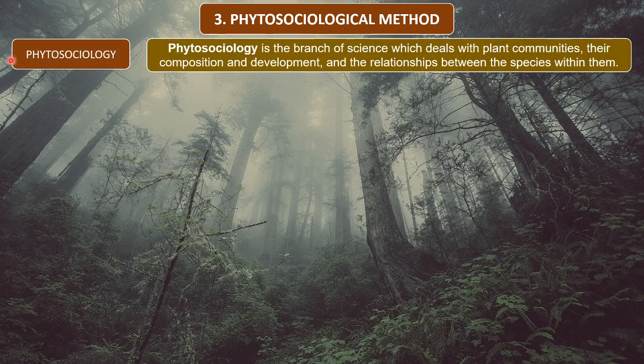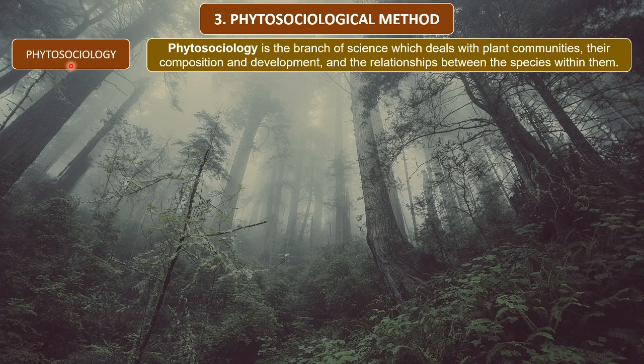For that, first we need to know what phytosociology is. Phytosociology is actually a branch of science which deals with plant communities, their composition, development, and relationship between species within them. I think we can very simply understand this term with the term itself. Phyto means plants, and sociology means to socialize, right?